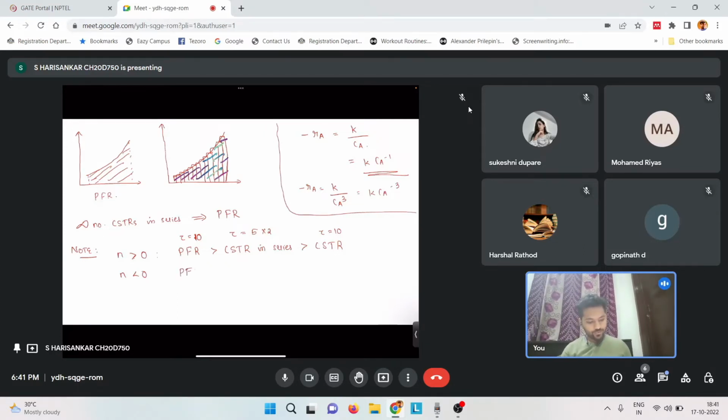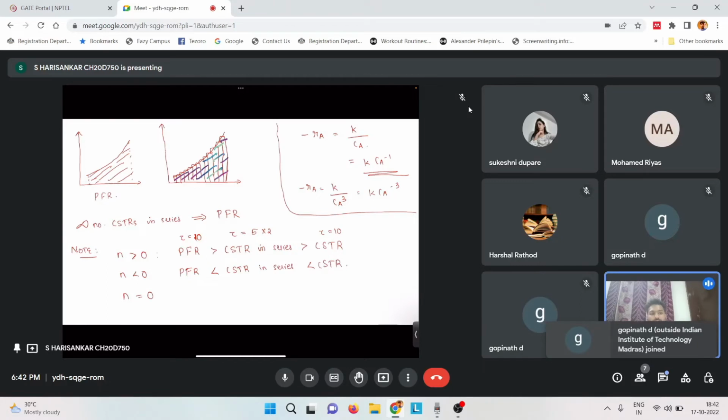PFR will be the least preferred compared to CSTR in series, compared to CSTR. And let's say your order is exactly zero, it is a zero order reaction. In that case, it doesn't matter.